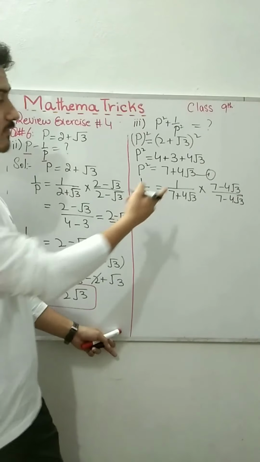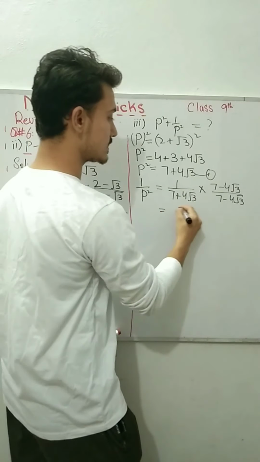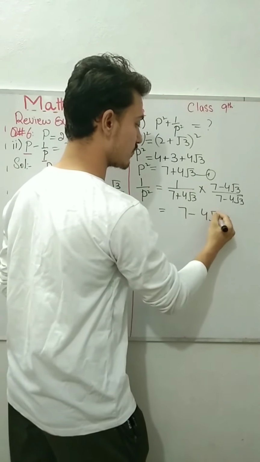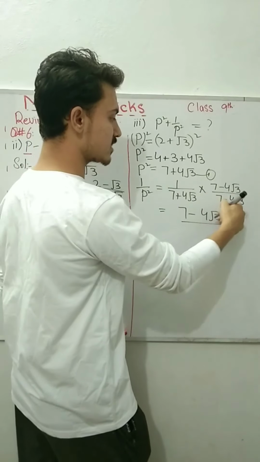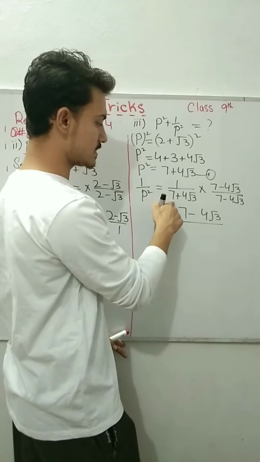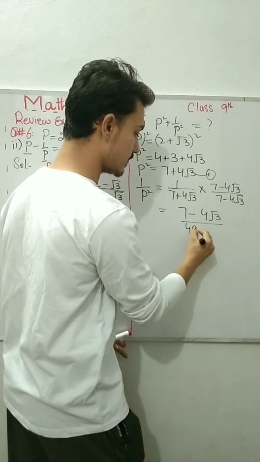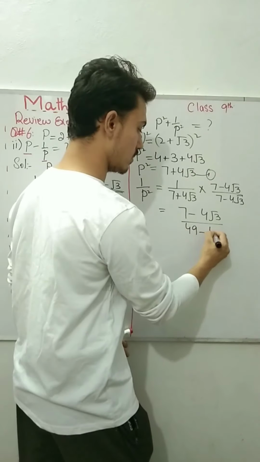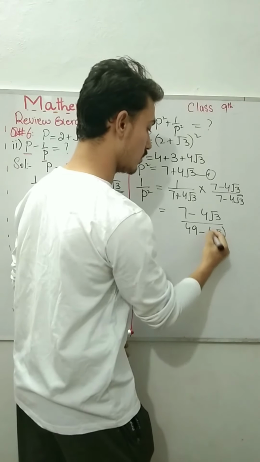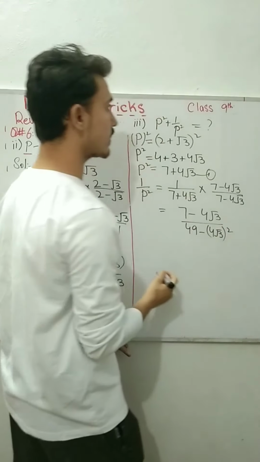As numerator multiplied with 1, I got 7 minus 4 square root of 3 being divided by a plus b into a minus b, which gives what? A square means 7 square is 49 minus b square, 4 square root of 3 whole square.